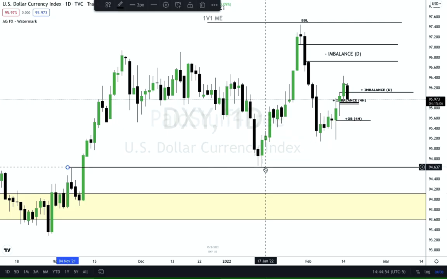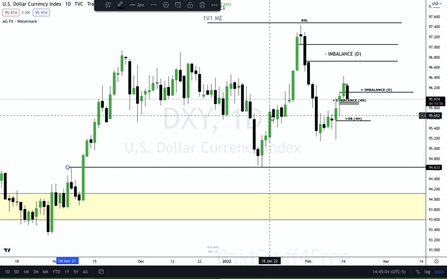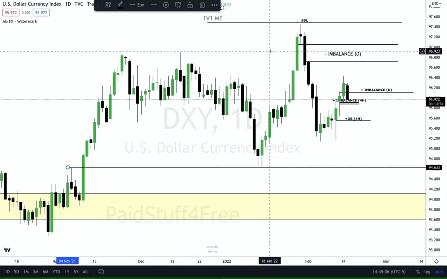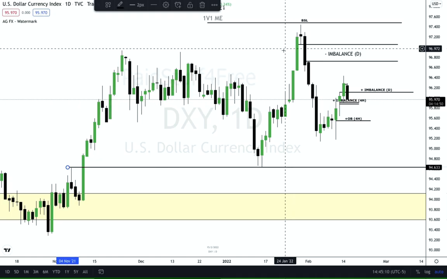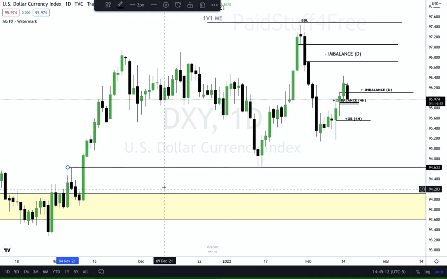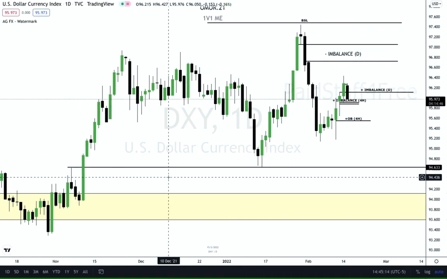There is nothing random. You'll see that everything is clean. Now, once the inefficiency was rebalanced, what do you see? The algorithm goes and delivers liquidity to these buyers.